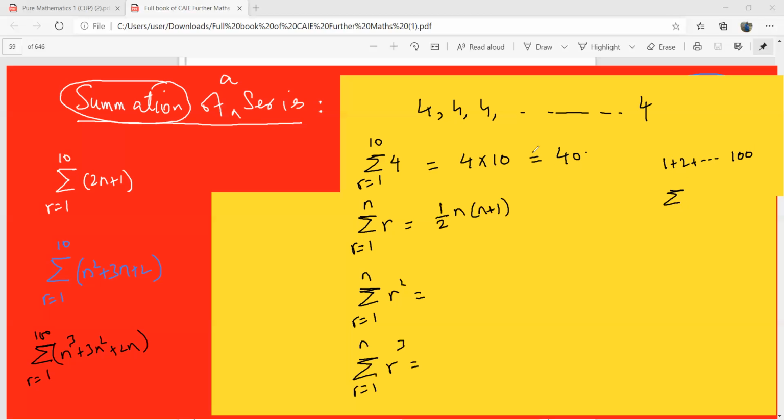This goes on up beyond 100 as well. That is r. The first term is 1, the second term is 2, the 100th term is 100, the nth term would be n.